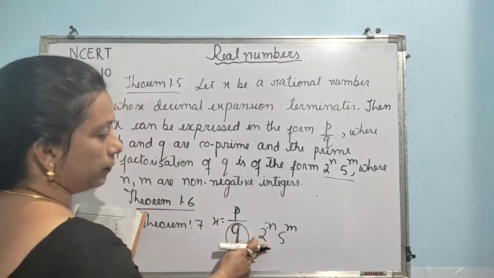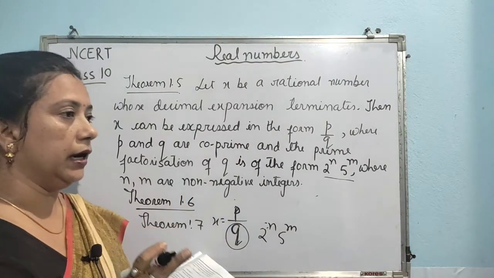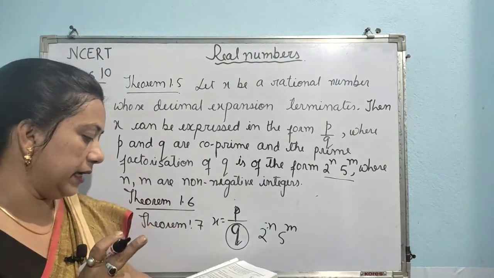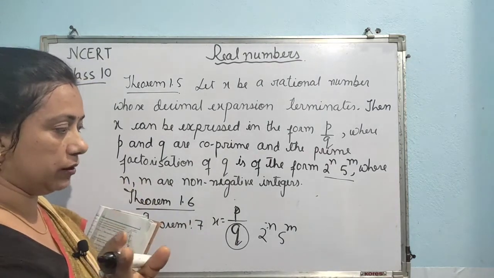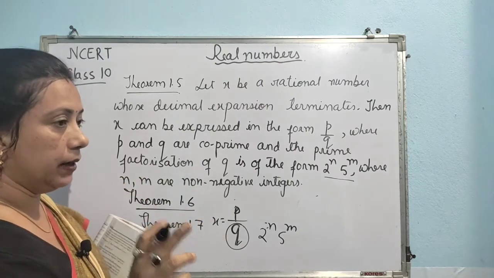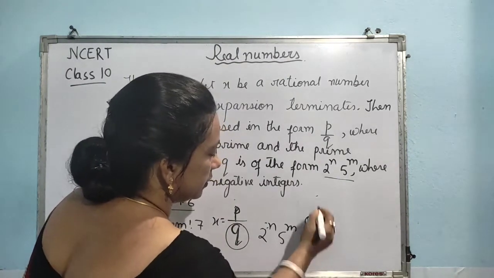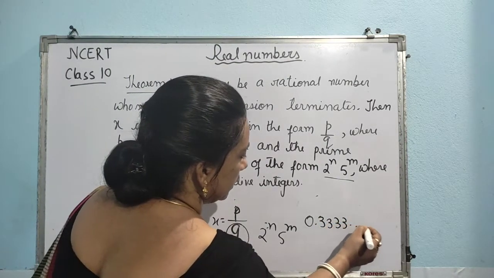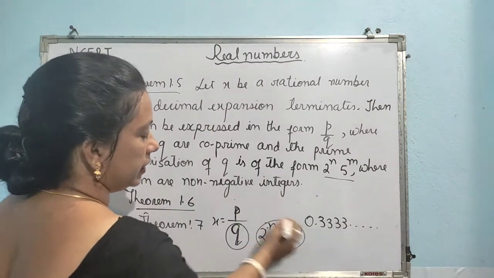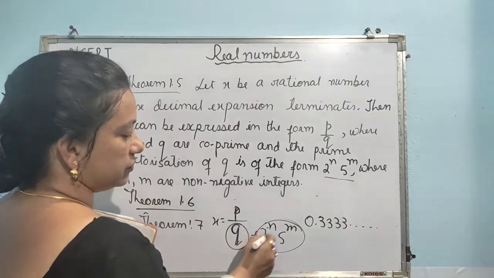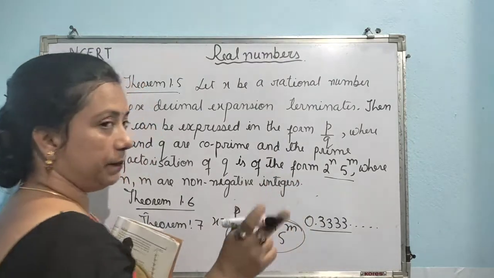Then definitely the decimal expansion will be non-terminating repeating. Non-terminating means it is not going to end, and repeating means a pattern repeats. In the earlier case we saw 0.333, which is non-terminating repeating. Here q is not in that form, so the expansion is non-terminating repeating.